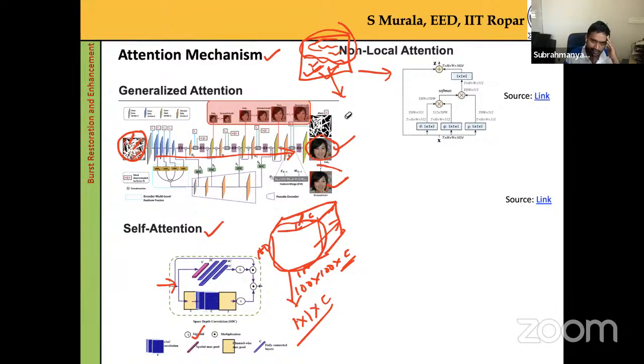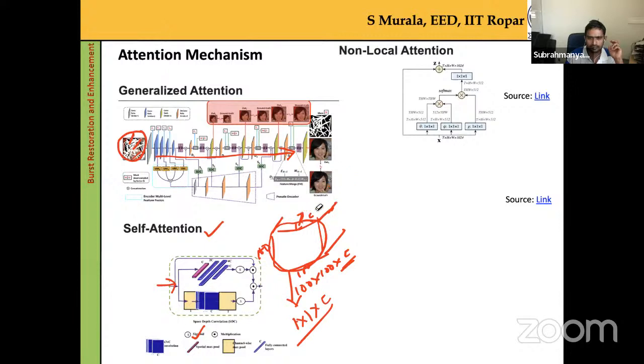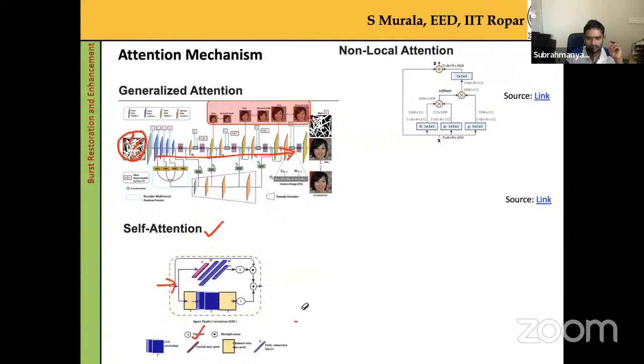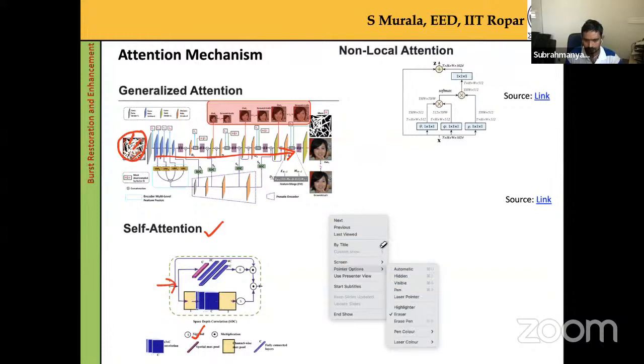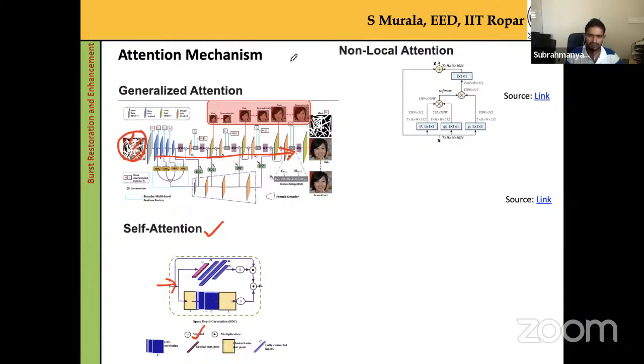Let's see, if I am having an image, let's say, so this is an image.